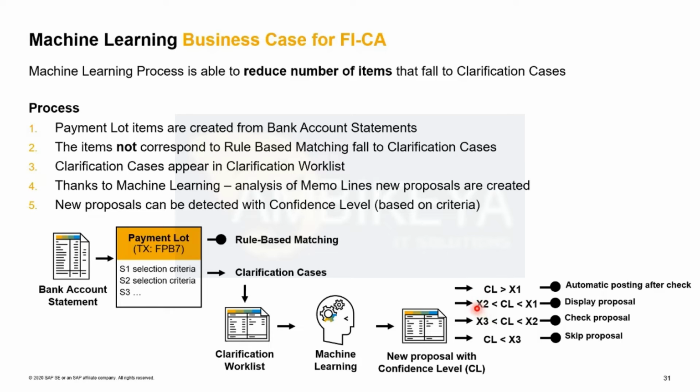Everything between a certain threshold, below 95% and a bit higher than 90%, needs to be checked. And then you can say in the end, skip the proposal in case the confidence level is lower than 60%, for example. That's what you can do with this confidence level. You can use the probability whether this proposal is right.